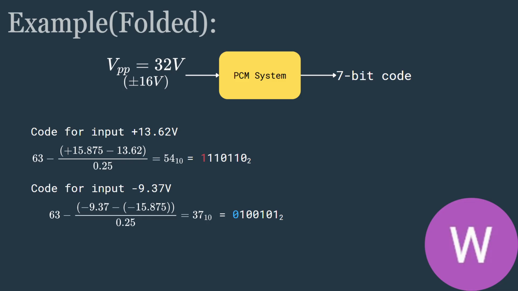And then we get the answer 37 in decimal. Now we need to change 37 into binary, and then add an additional 0 in front because the input is negative 9.37. It is negative, so negative means the significant bit is 0, and remember to add the 0 in front.